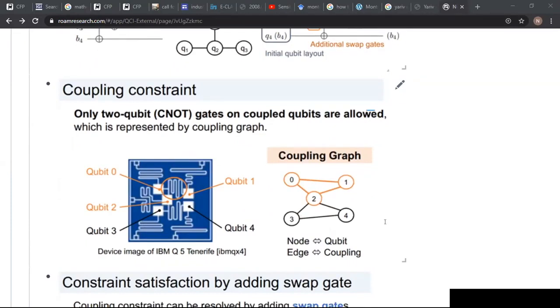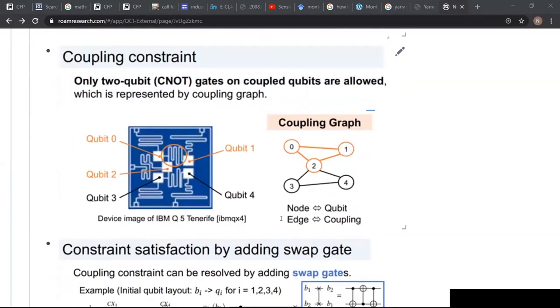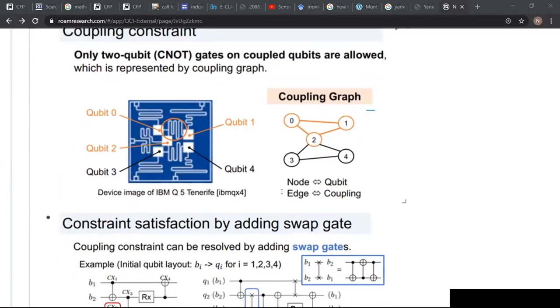So 0, 1, 2, 3, 4 represent the qubits, and the edge represents how they're coupled with each other, and in what fashion. We can see there's no line between 1 and 4, which means qubits 1 and 4 are not connected with each other, and there's no line between 0 and 3, which means 0 and 3 are not coupled with each other. So that is the constraint which we have been given, but we have to implement.